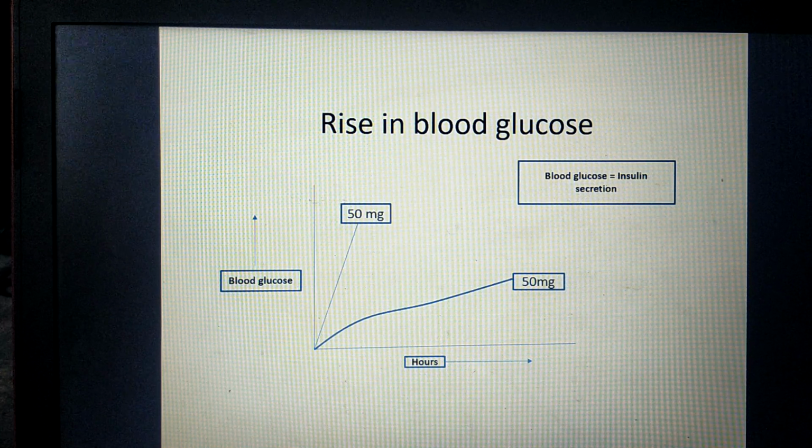But if you see, in the first case there is a sudden rise in blood glucose level. In the second case, the blood glucose rises steadily. In the first case, as the blood glucose is high, more insulin secretion occurs and more fat is synthesized.